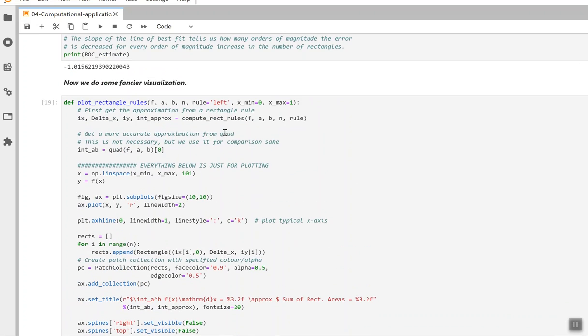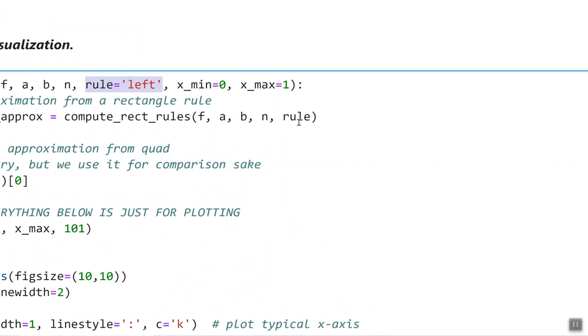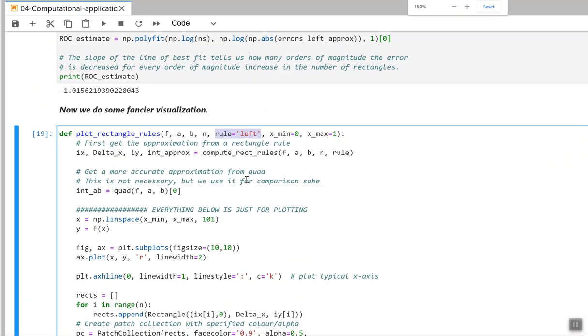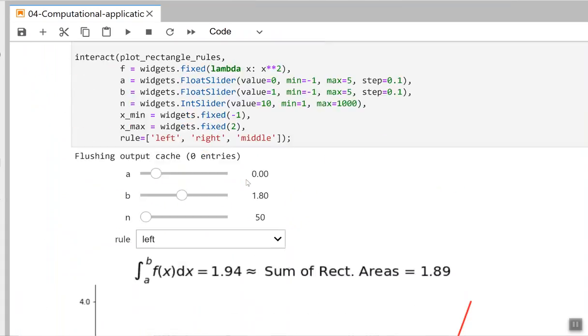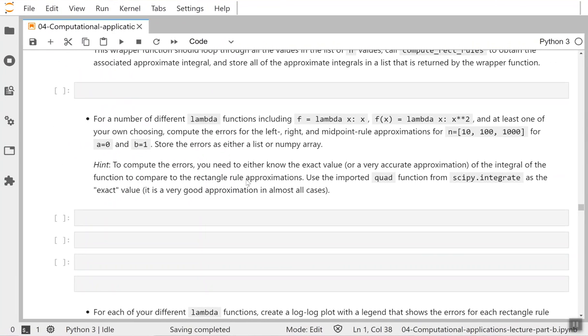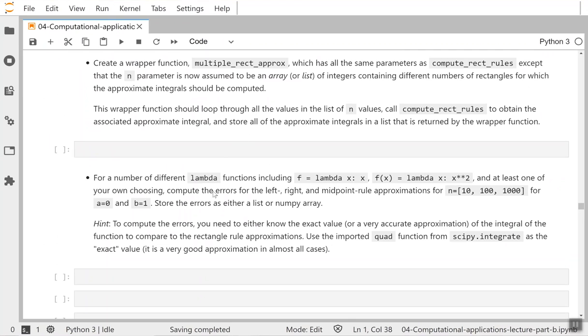Like here, this takes the rule as a parameter in the plot rectangle rules, and notice that it's used as the input here so that you can change it. That was what I was doing in the plotting. I'm going to zoom in to make everything look a little bigger again and easier to read. So it's not as complicated as it sounds. I'm just trying to be very specific about what I want you to do.